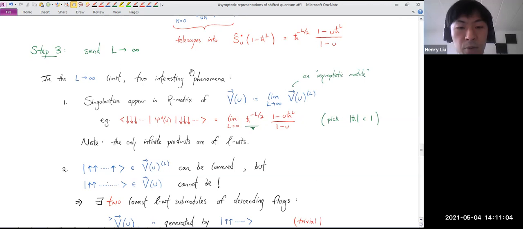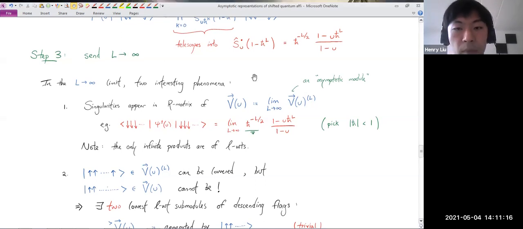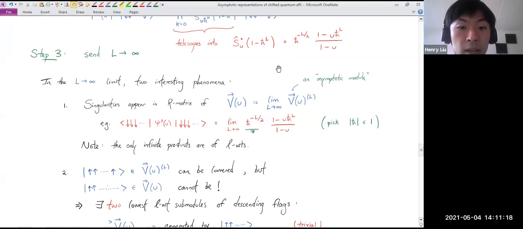At u equal to 0 or u equal to infinity. And what will happen as L goes to infinity is that singularities will appear in these matrix elements. And you can already see one such singularity in this loop weight which we've computed.